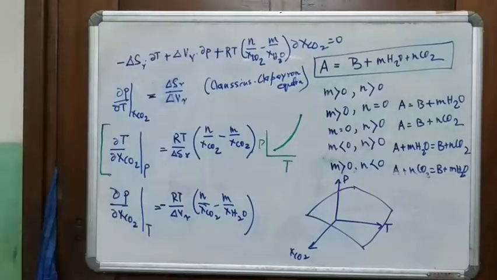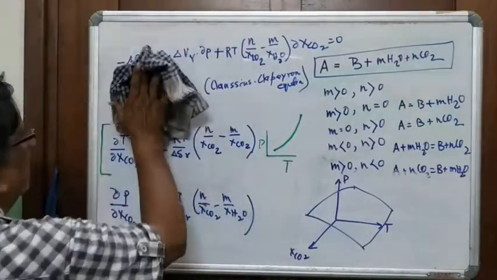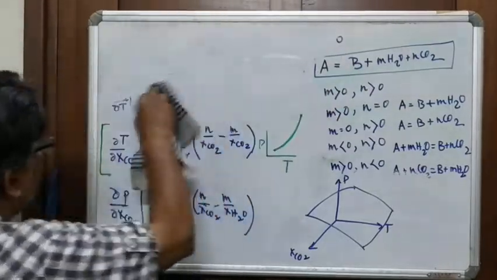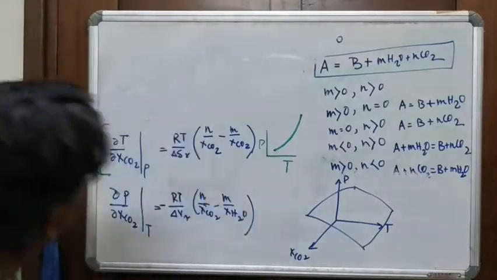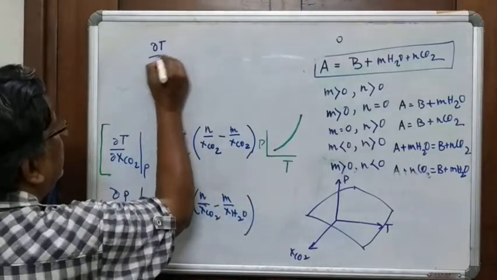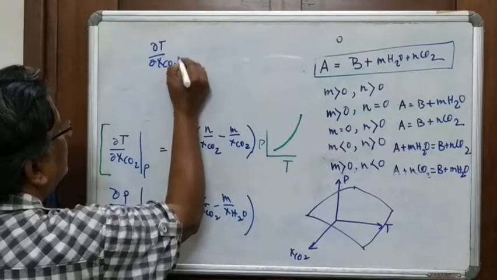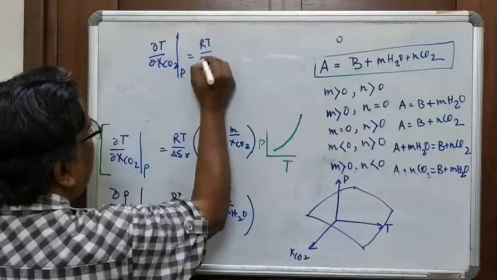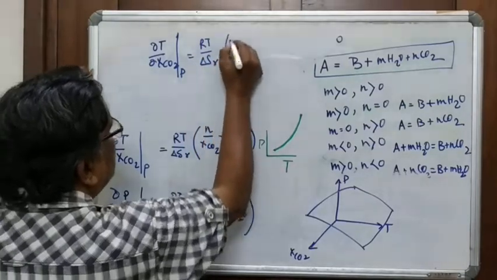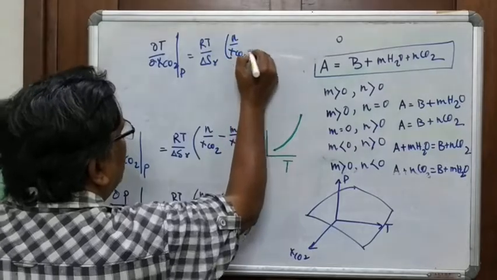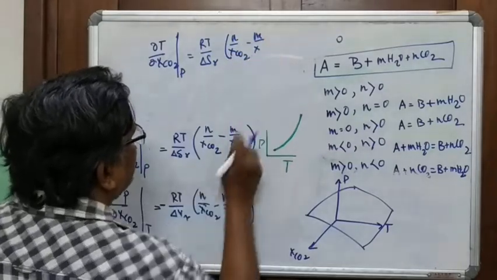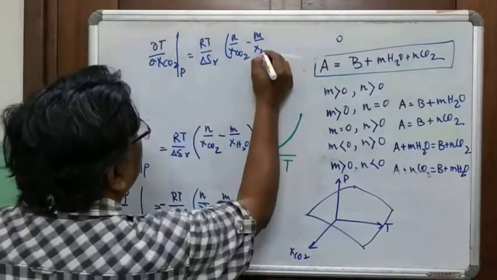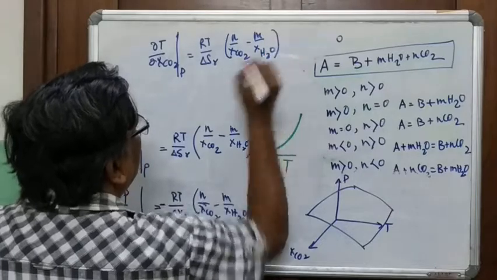So now, we start looking at the slopes of the reaction. I will erase this part, and I will write del T by del X CO2 at constant pressure is equal to RT by del SR into N by X CO2 minus M by, sorry, this was X H2O.